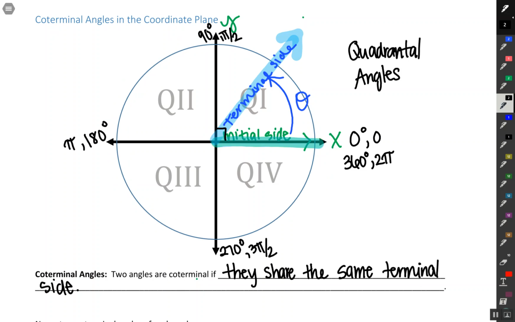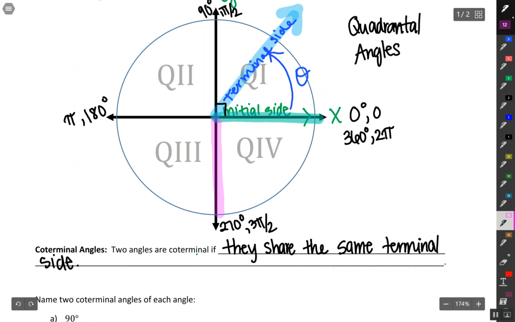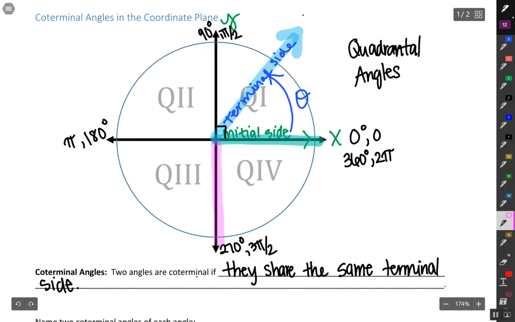So what if we want a coterminal angle for this one, for 270? Is there another way that we can do it? Yes, absolutely. We could go an extra full circle around.